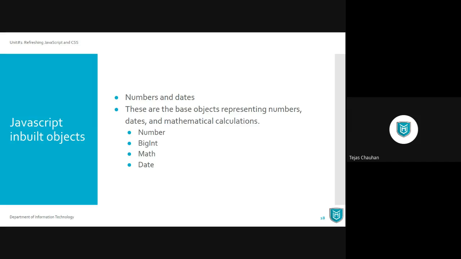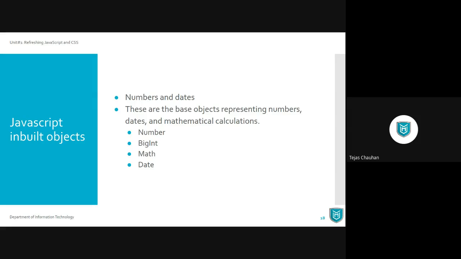Even the absolute function is there, sine, cos, tan, and all those functions. Even floor and ceil functions are there. So there are a number of functions in the math object, functions and properties both. So you can use this math object for those kinds of operations, right? So that's what the math object is.